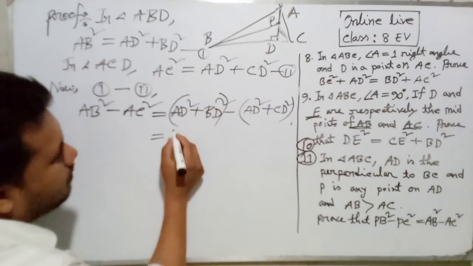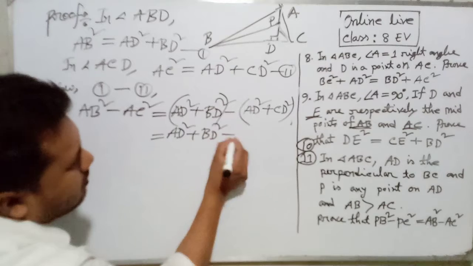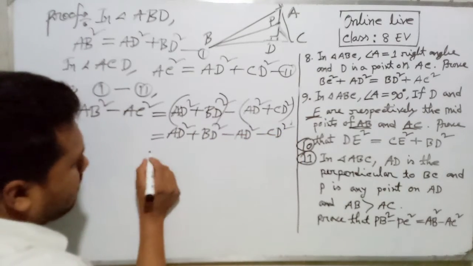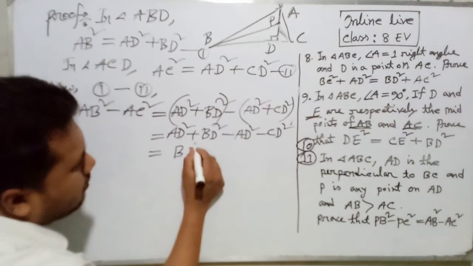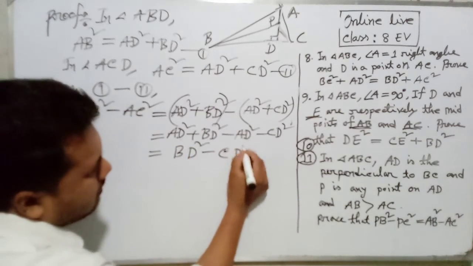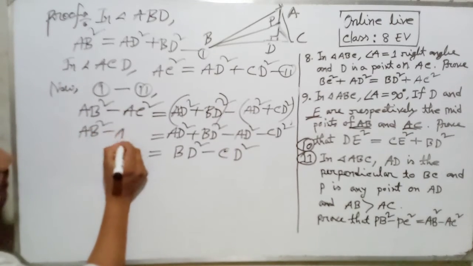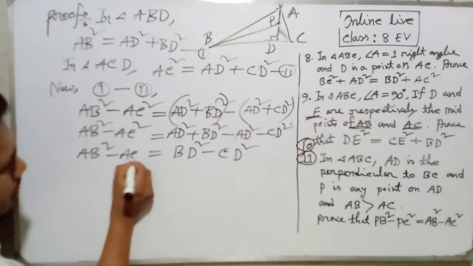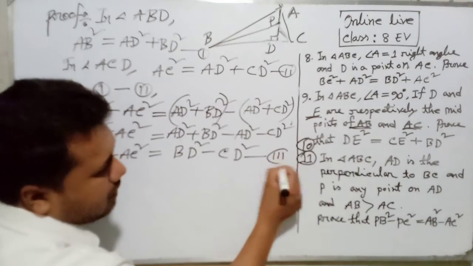Now if we remove the bracket, dear students, AD square plus BD square minus AD square minus CD square. Now AD square and AD square cancel, it will be BD square minus CD square. So we can say AB square minus AC square equal BD square minus CD square. Suppose this is our equation number 3.